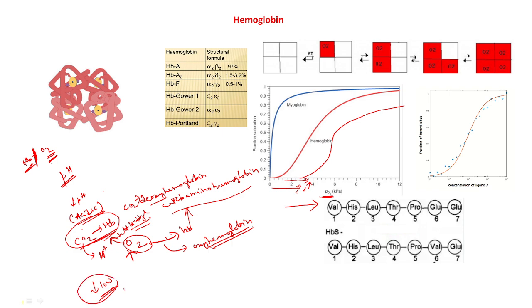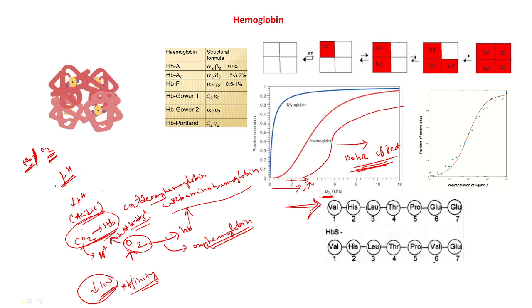So once the affinity is very low, the graph shifts to the right side. So at low pH, the oxygen binding curve shifts to the right side, and it is called the Bohr effect, B-O-H-R. So what is the Bohr effect? In low pH, the oxygen binding curve of hemoglobin shifts to the right side, and it is called the Bohr effect.